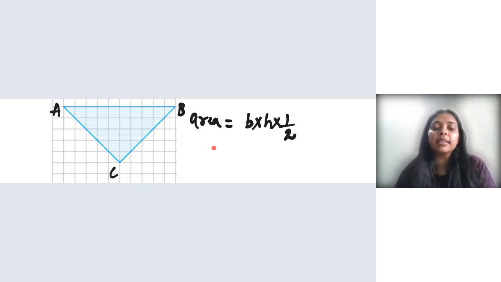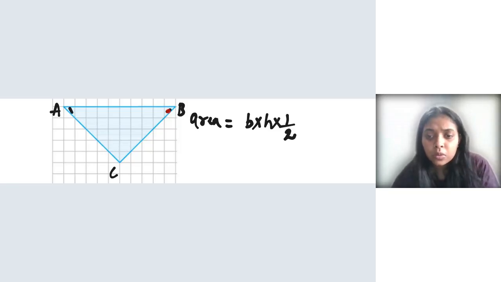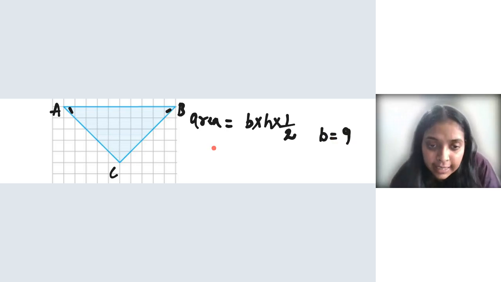How many squares are there on AB? 1, 2, 3, 4, 5, 6, 7, 8. But we have this half square also, no? 9. So the base is 9. Let's talk about height. See, this will be the height.